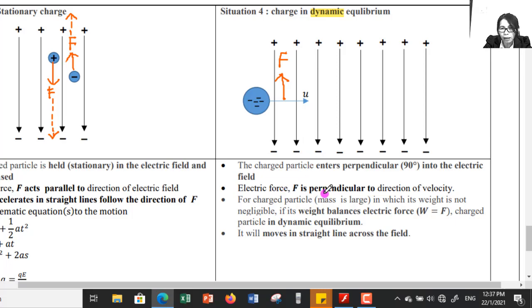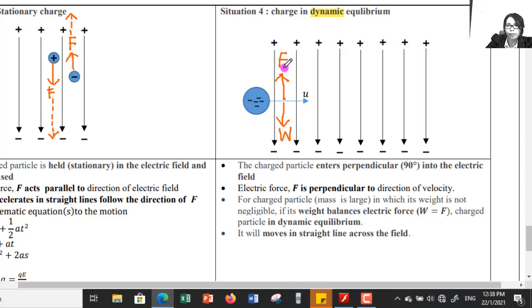Anyhow, if the mass of the charged particle is large, then it will have a weight that we cannot ignore. Weight is always acting downwards, W. If the weight balances this electric force, then we say that the charged particle is in dynamic equilibrium.